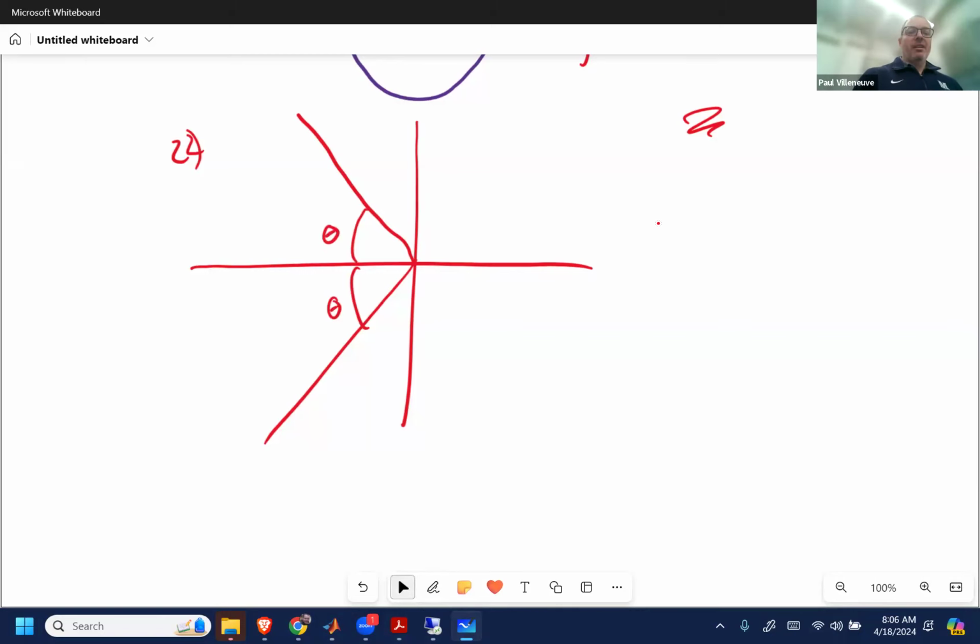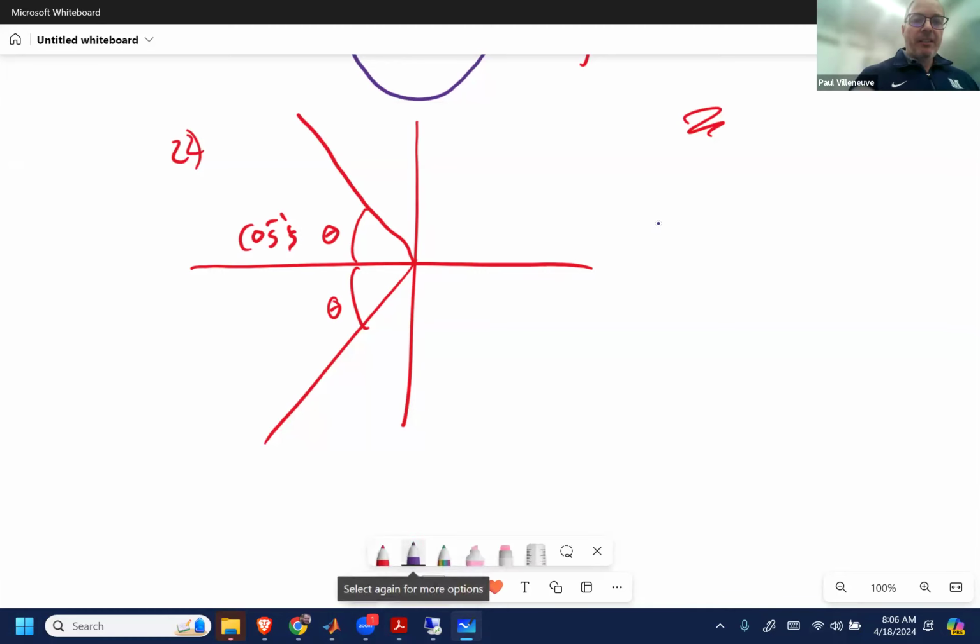These are the same, which we know is the inverse cosine of zeta. And then the other thing we needed was, what is my value of omega sub n? So omega sub n, if you recall, is the hypotenuse, right?